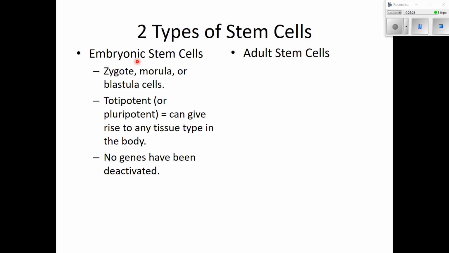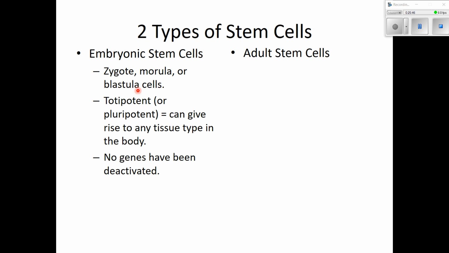I'll mention the third one briefly, but embryonic stem cells are those early stage cells in the life of an embryo before gastrulation begins. In other words, before any specialization of cells has taken place. So it's either a single cell, or it's that solid ball of cells, or it's the hollow ball of cells like the blastula, where you just have 256 identical cells.